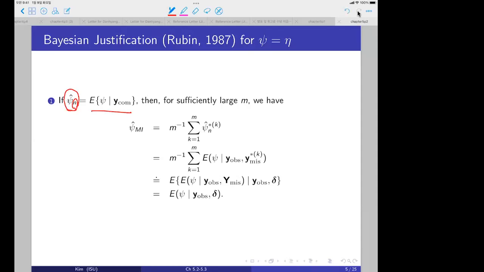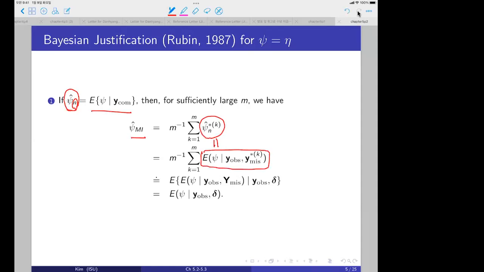In this case, the multiple imputation point estimator is the sample mean of the individual imputation estimators.